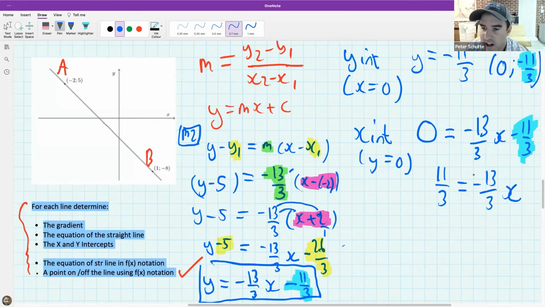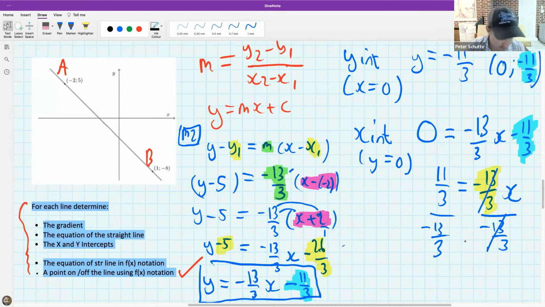Now the thing that is getting in the way, the thing that is making my life difficult, is -13 over 3. So what I'm going to do is divide both sides by -13 over 3. Now, there are other ways of doing this, I understand that. But basically, if you can put that into your calculator, do that now.